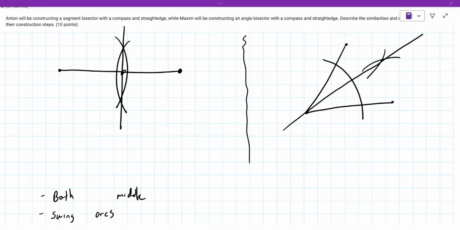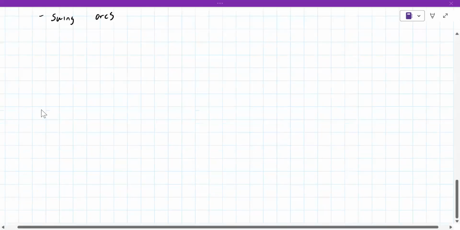Looking at my notes, I don't have anything for segment bisector, so let me move back to see if there's something for angle bisector. Unfortunately, they're not all that similar. But definitely one thing that's similar is they're both finding the middle.